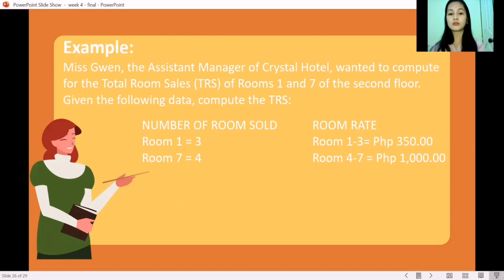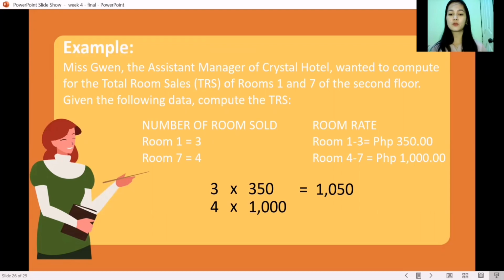Let us begin with room 1. Since room 1 is sold 3 times, we will be having 3 times its rate, which is 350 pesos. So 3 times 350 is equal to 1,050 pesos. While room 7 is sold 4 times, so we will have 4 multiplied by its rate, which is 1,000 pesos.